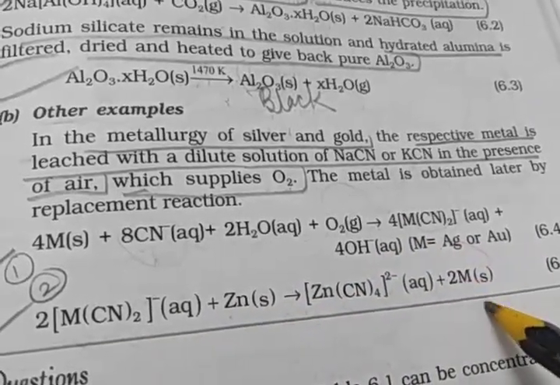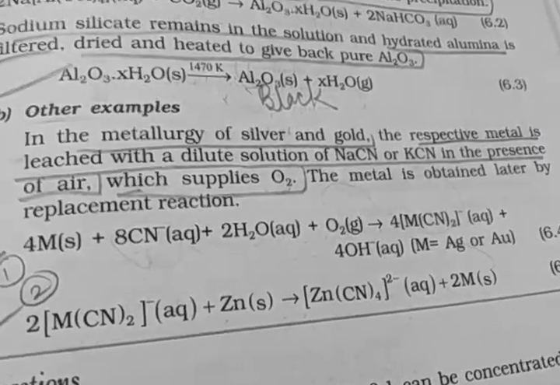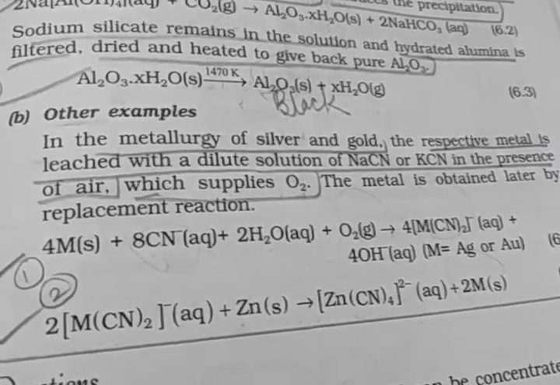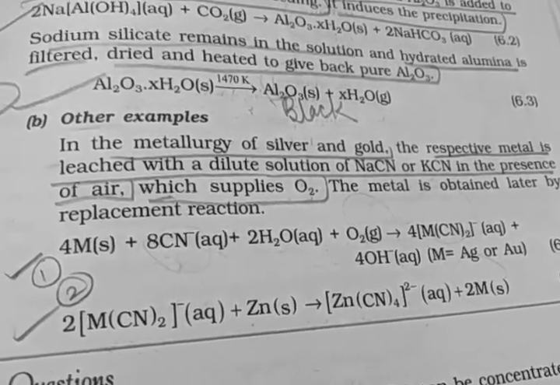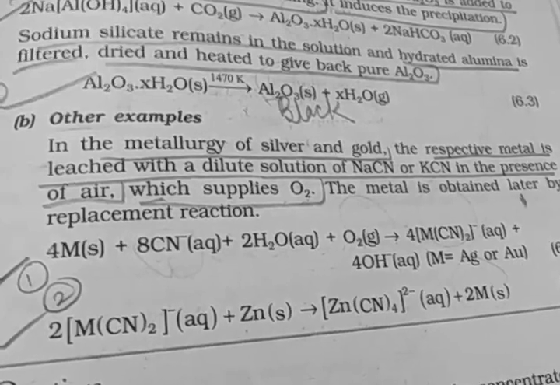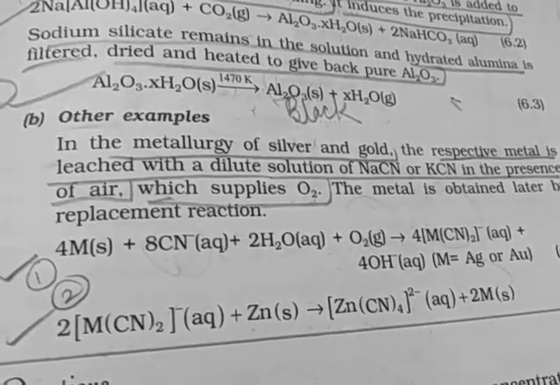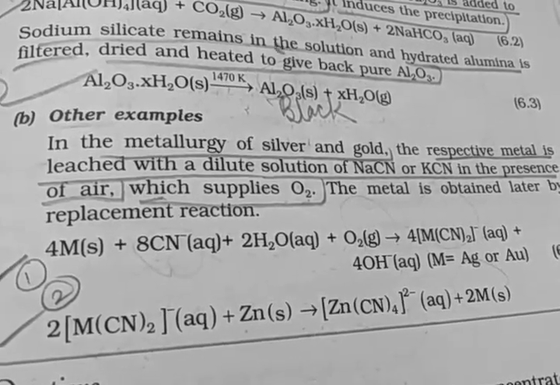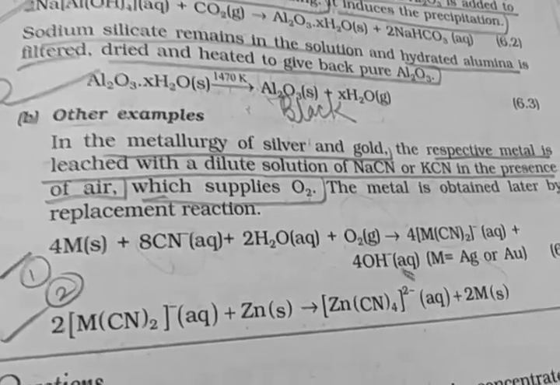So gold and silver are easily found by this method. In last year's board exam, one MCQ came: silver and gold are extracted by which method? The leaching process. So by the leaching process, gold and silver are easily isolated.